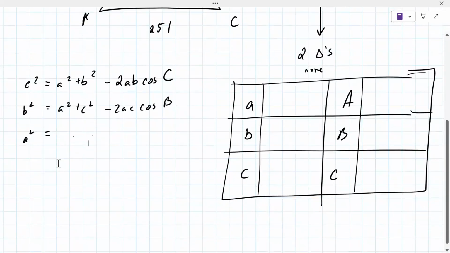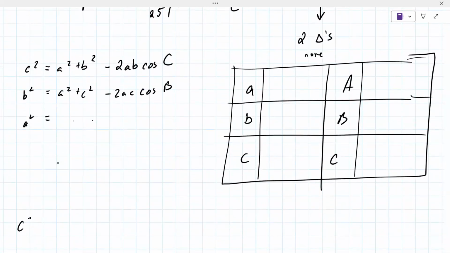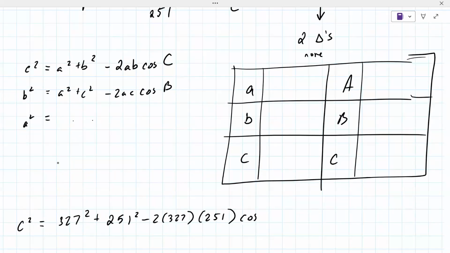So we're using the first one, and you have everything that you need. So your setup is 327 squared plus 251 squared minus 2 times 327 times 251 cosine of 72 plus 40 over 60. That's the conversion from minutes to degrees.